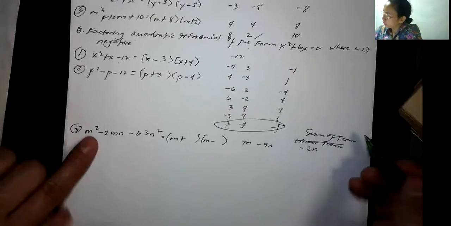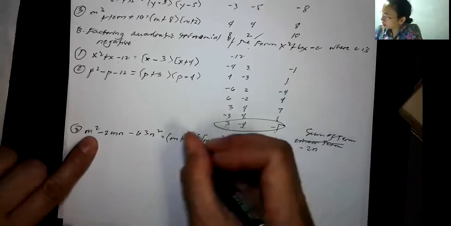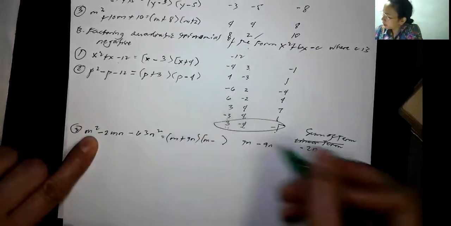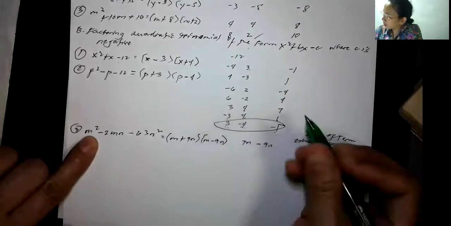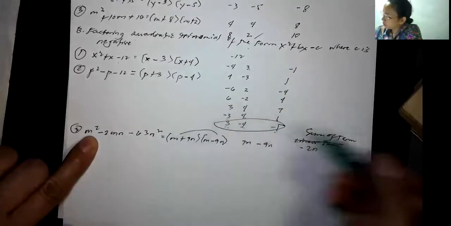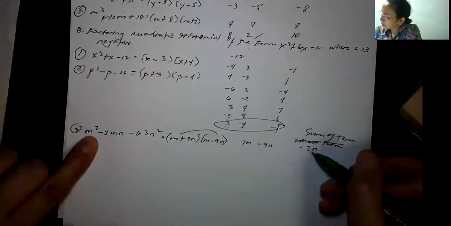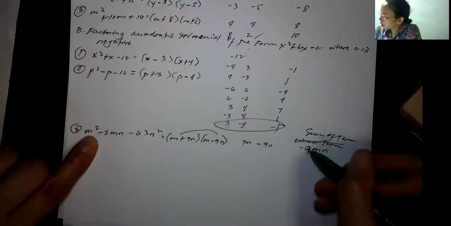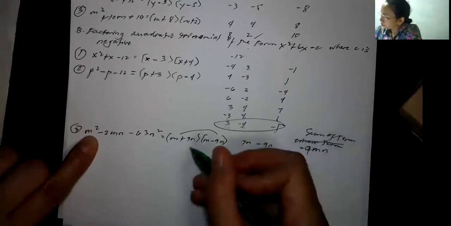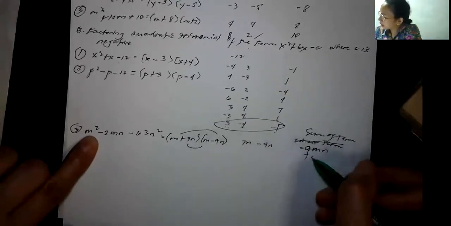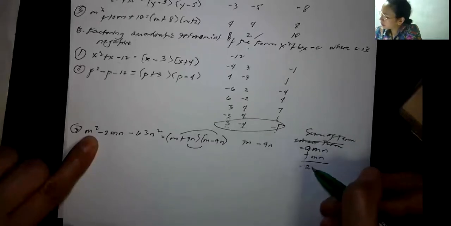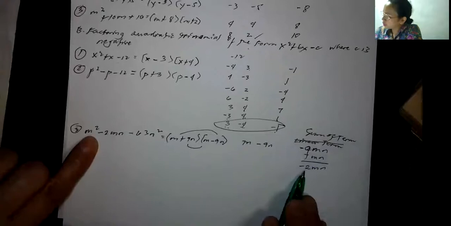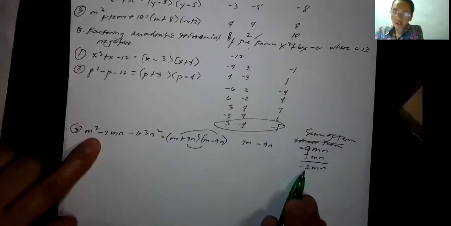So we can write here positive 7n and then negative 9n, let us write the linear term. So we have here negative 9mn and then positive 7mn. So it gives us a result of negative 2mn. So which is correct for the middle term.